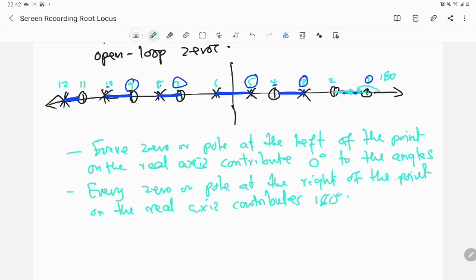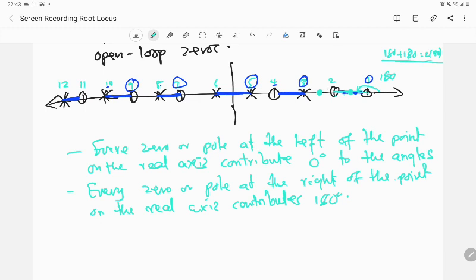Which means if I pick this point, then because I have two zeros, they are going to contribute 180 plus 180, which is equal to 2 times 180. But we said that if the point is on the root locus, then it should be an odd multiple, which means if you pick a point here, the angle is going to be 360, and that is wrong.